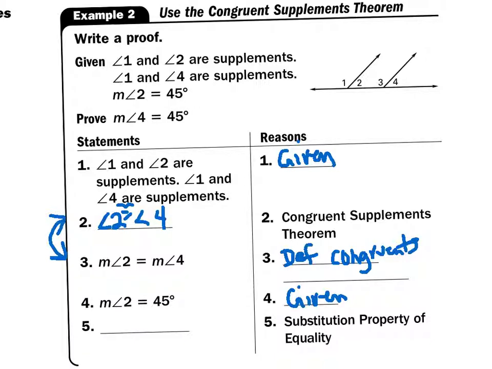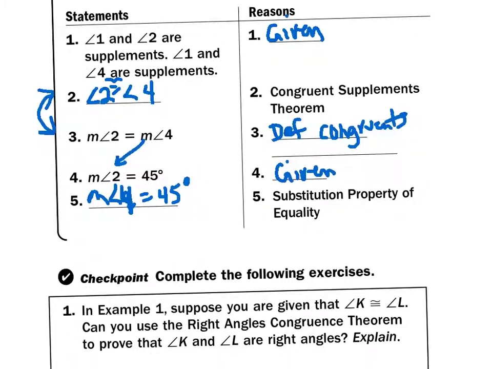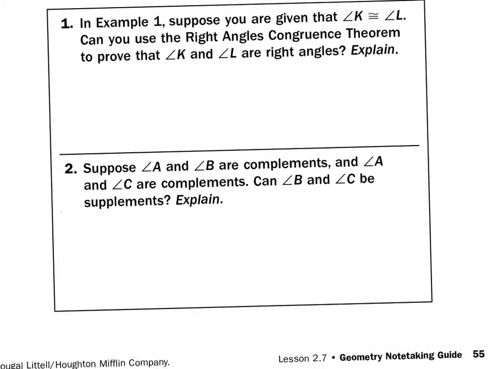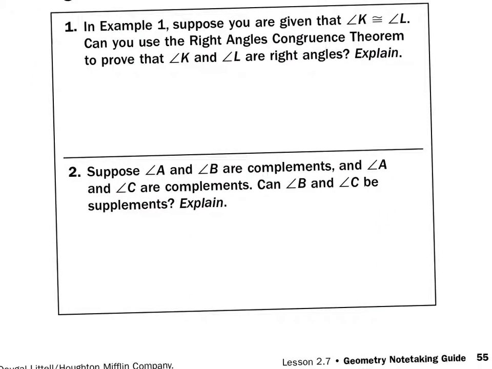And so we can say that then the measure of angle 4 equals 45, because we can substitute in measure of angle 4 for measure of angle 2. Okay, checkpoint. See if you can do those. Start it again when you're through.